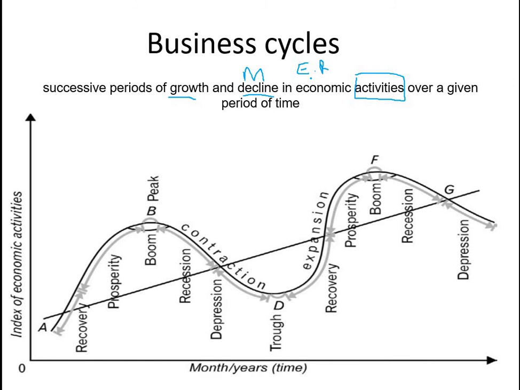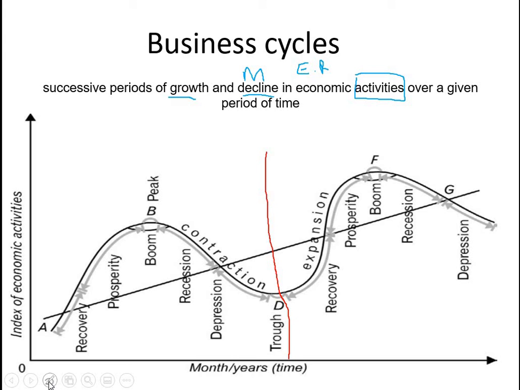So in general, this is our business cycle diagram. If you could look at this diagram, it's simplified, it's easy. Let's cut it in half. Good. Now, we've cut this diagram.